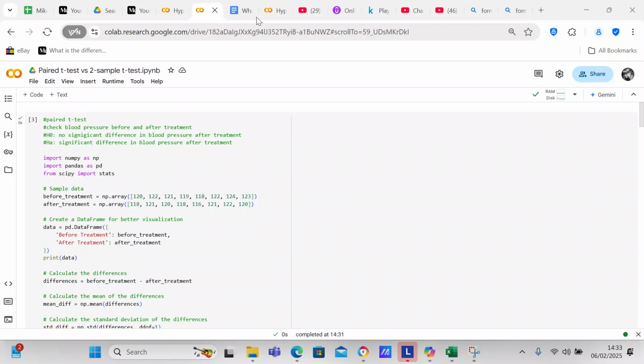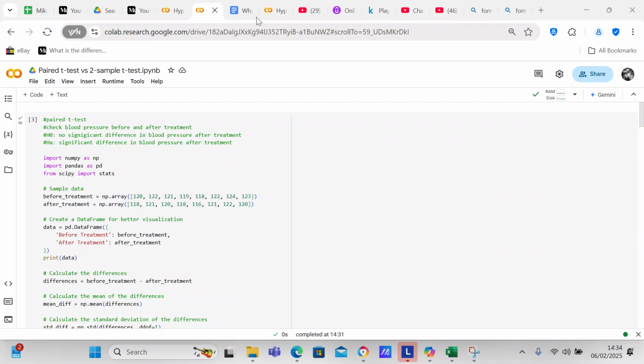The reason is that the paired t-test compares the means and the standard deviations of each different element in the array, while the two-sample t-test compares the means and the variances between the whole of the two samples. And so that's why the t-statistics are going to be different.